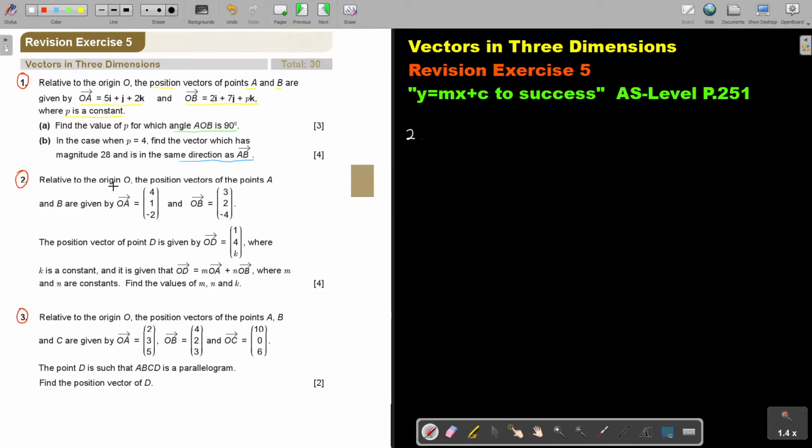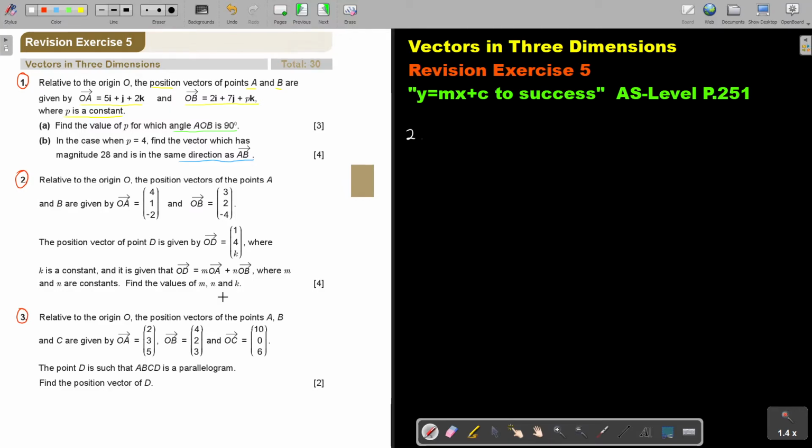Relative to the origin O, the position vectors of points A and B are this. The position vector of point D is given by this with the k, where k is a constant, and it's given that OD equals m OA plus n OB, where m and n are constants. Find the value of m, n, as well as k.